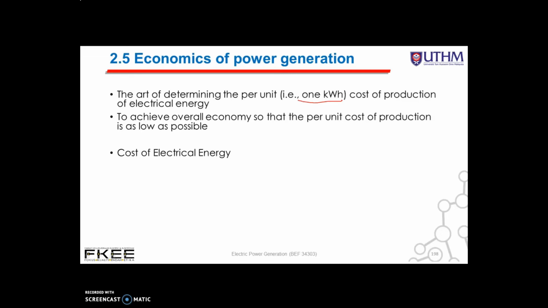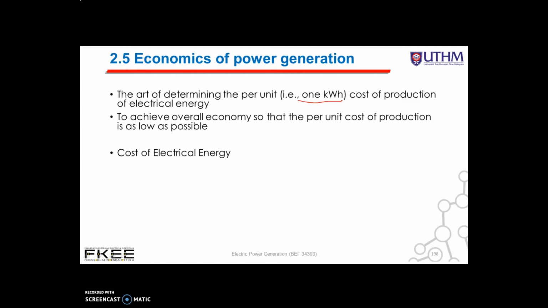A consumer will use electric power only if it is supplied at a reasonable rate. Therefore power engineers have to find convenient methods to produce electric power as cheaply as possible, so that consumers are tempted to use electrical methods.